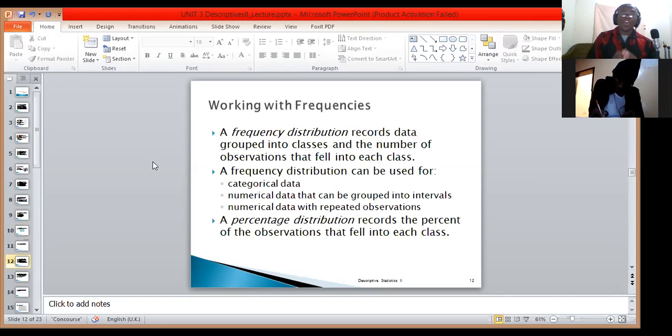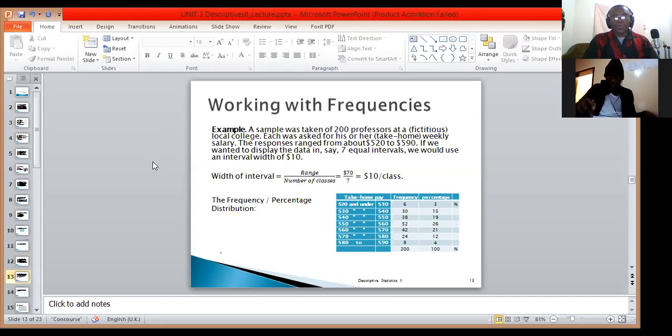Okay, so frequency distribution. This one is very important in your syllabus. It is one of an examinable topic. All we need to know is how to plot some graphs.